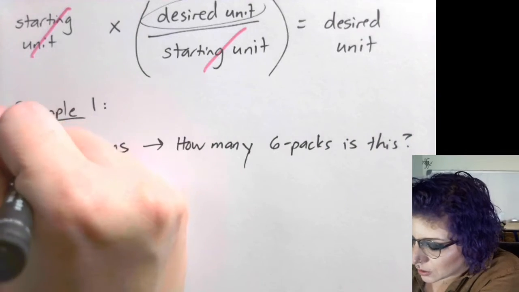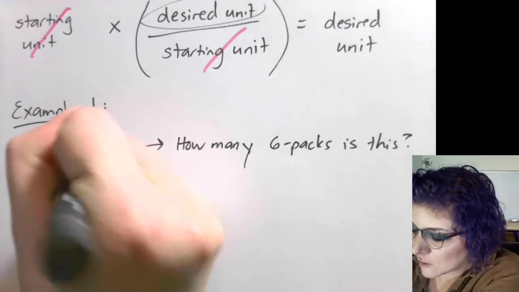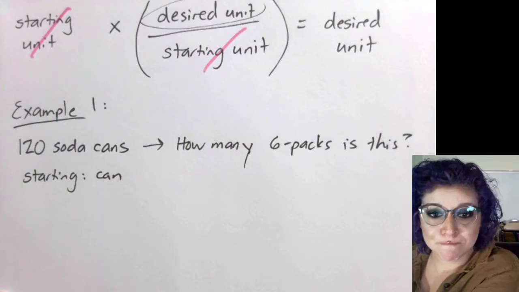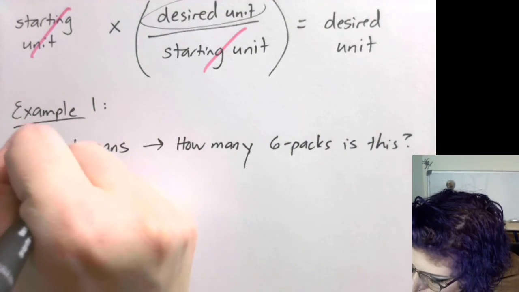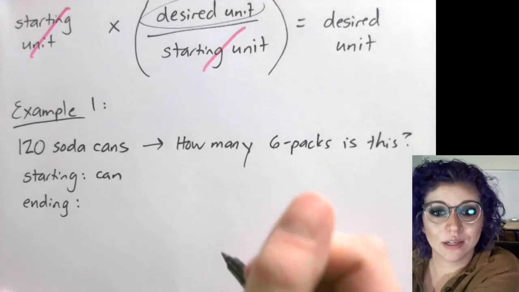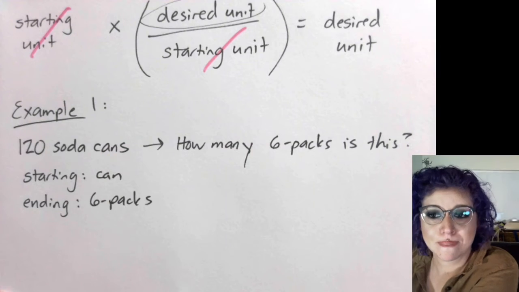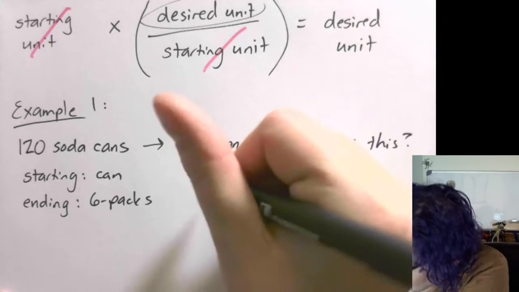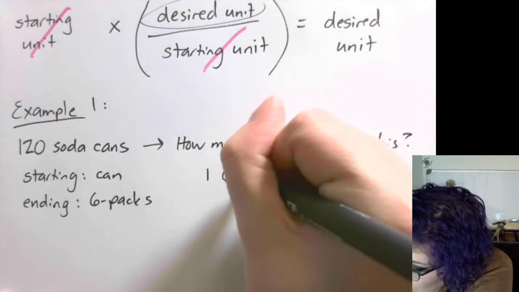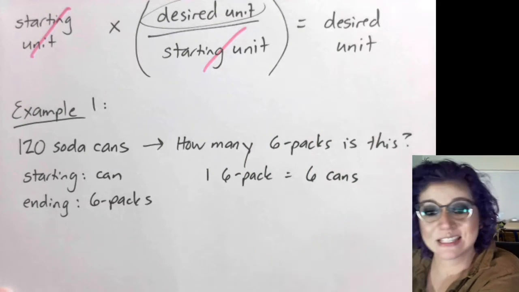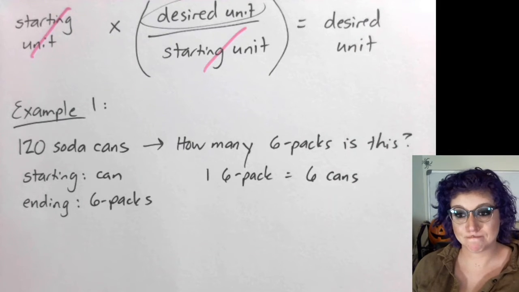So we're starting with the unit of the can, the singular can. And what we want our ending unit to be is in terms of 6-packs. I know that 1 6-pack is 6 cans.